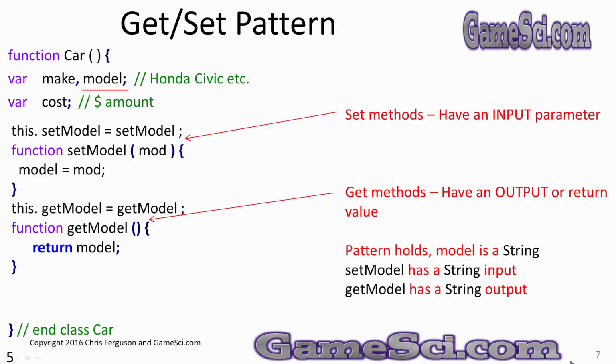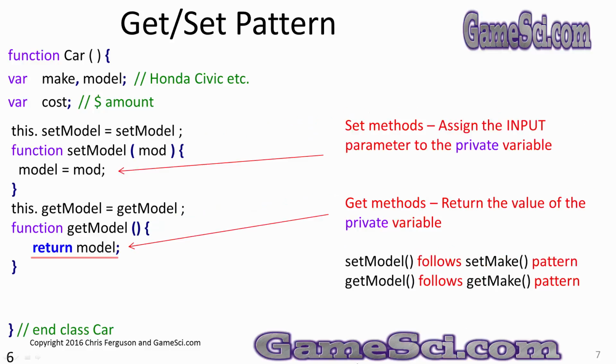Once again, its set method has an input parameter, and it's going to assign that input parameter to the properties of the model object. Get methods have an output or return value, so getModel is going to send something back. The pattern holds. Model is a string. SetModel has a string input. GetModel has a string output. Again, it's a pattern.